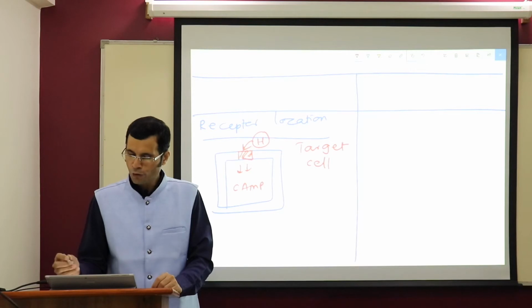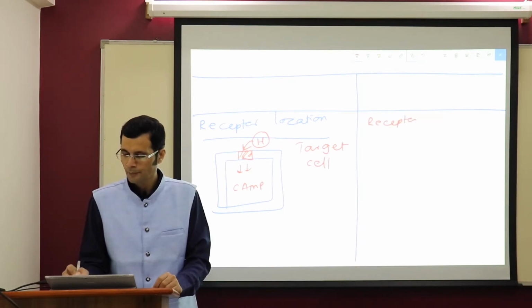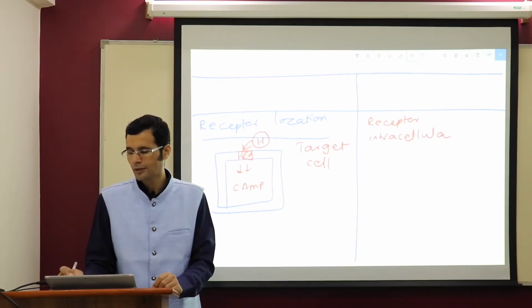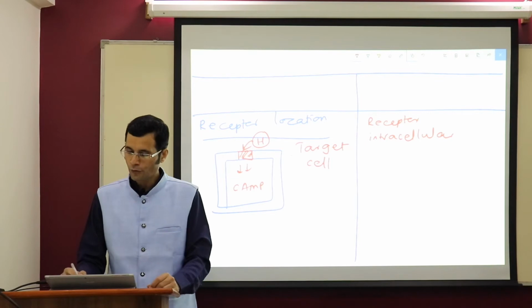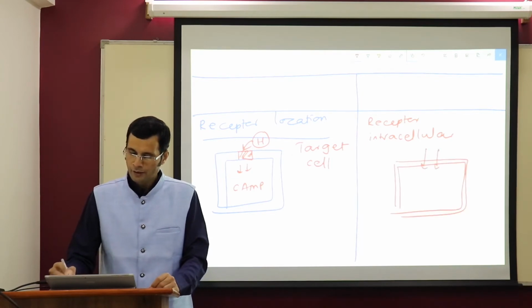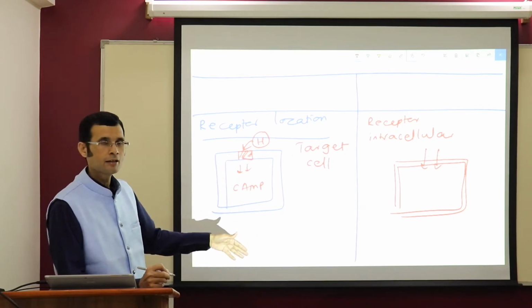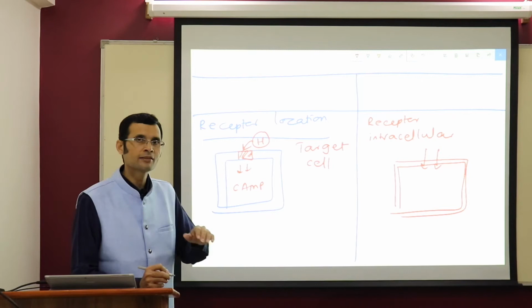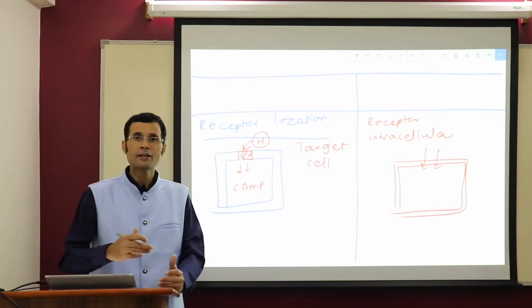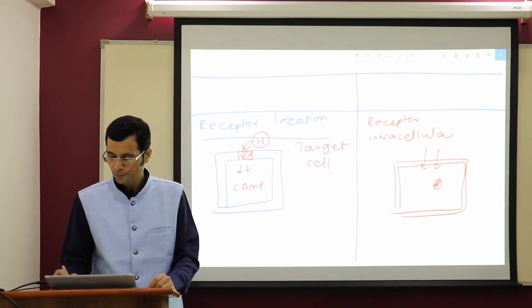So far as the steroid hormones are concerned, their receptors are intracellular receptors, because the steroids can cross the membrane easily. They cross the lipid bilayer, they enter the target cell, and the receptor is inside the cell. Now, where inside the cell? Is it cytosol, cytoplasm, or the nucleus?